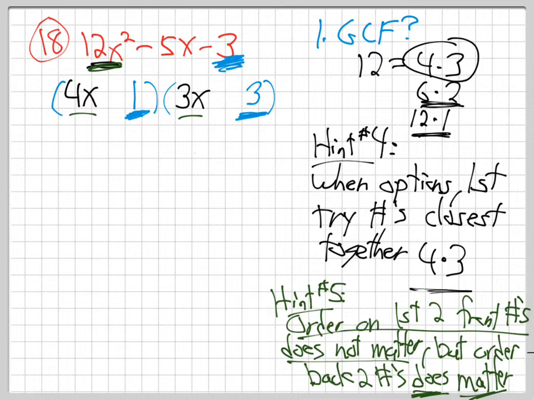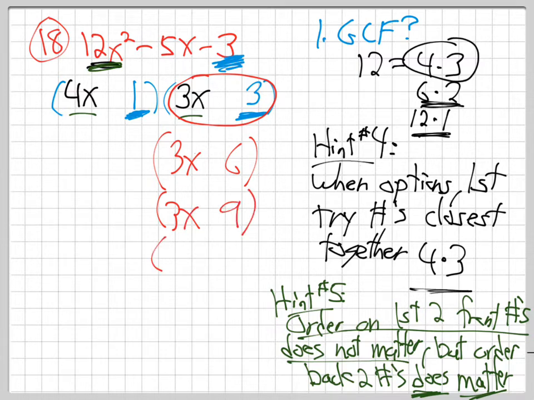But hold on. Do you realize we're violating one of the earlier hints? Remember how there's never going to be two numbers in the same parenthesis that have anything in common, let alone are the very same number. You couldn't have 3x with 6, 3x with 9, or 3x with 15 or 12.